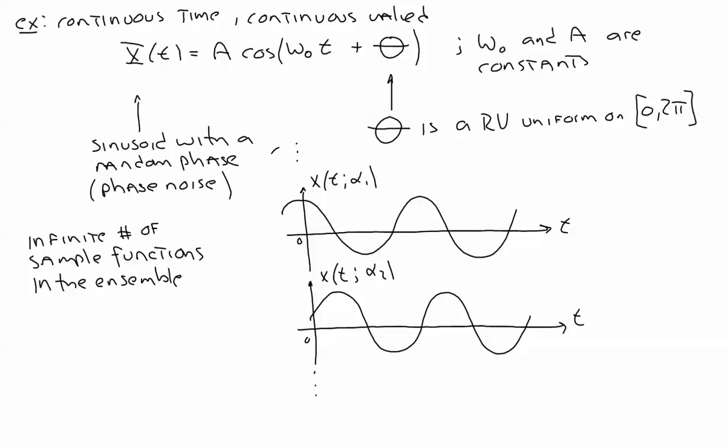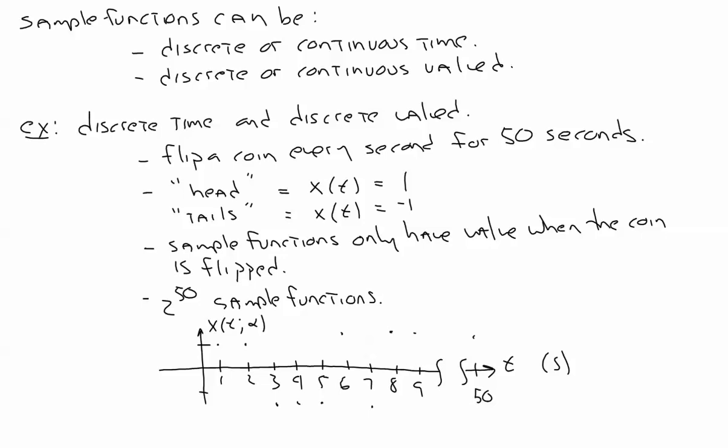All right, and remember, my ensemble is that. The collection of all possible sample functions is my ensemble. In the previous example back over here, I had a finite number, it was large. 2 to the 50th is a big number, but it's finite.